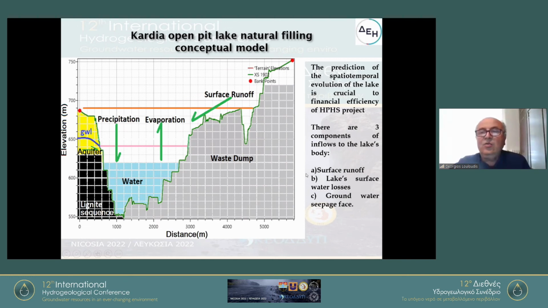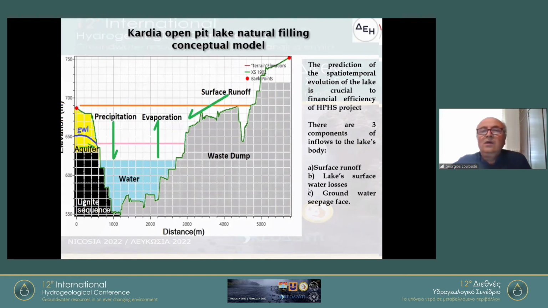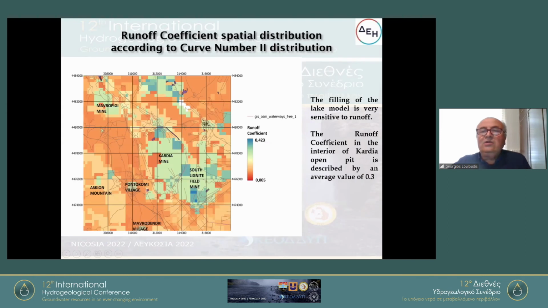There are three components of inflows into the lake's water body: surface runoff, lake's water losses, and groundwater seepage. The filling of the water lake model is sensitive to runoff.